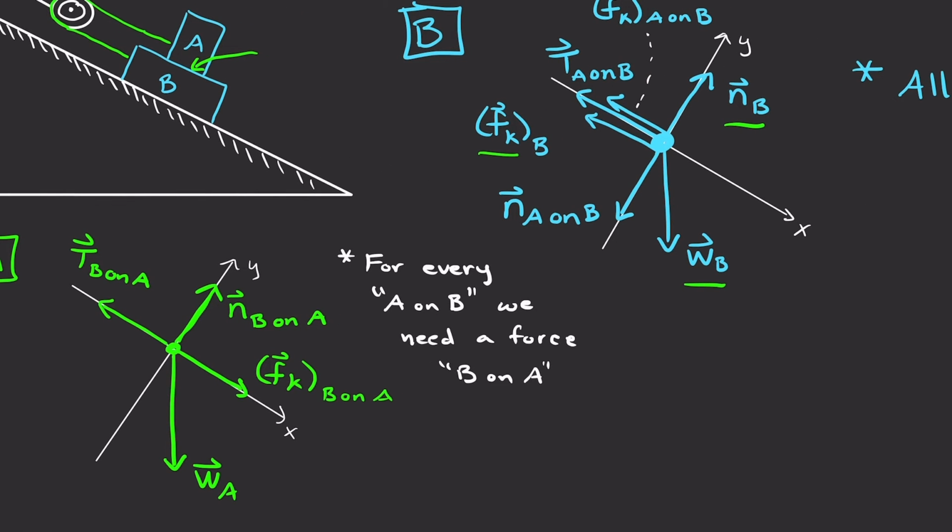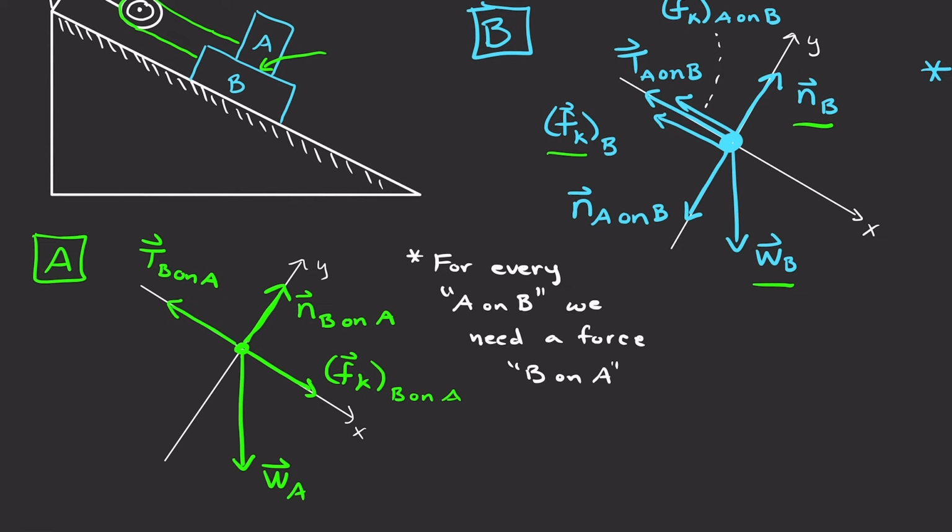We have three forces from object A on object B in our free body diagram for object B. So we better have three forces from B on A in our free body diagram for object A. Okay, so all of these are our action-reaction pairs.